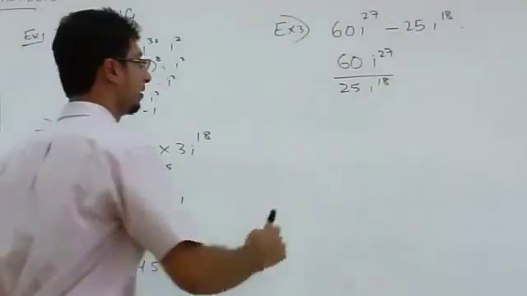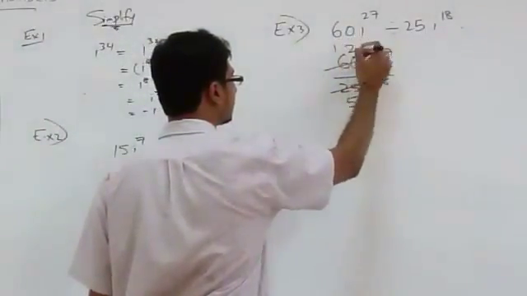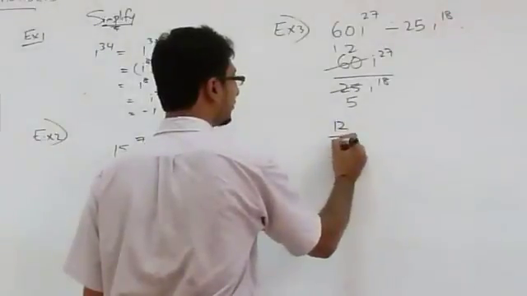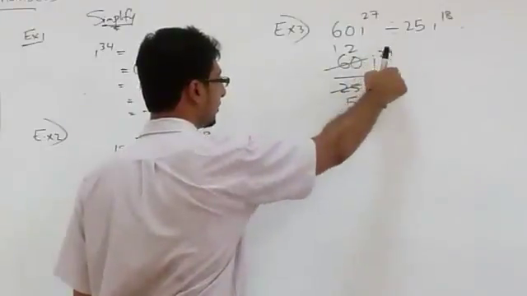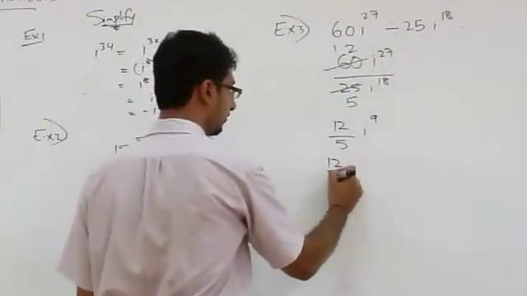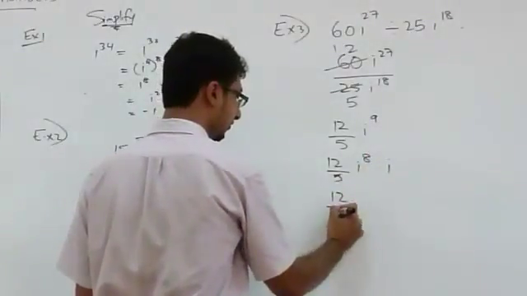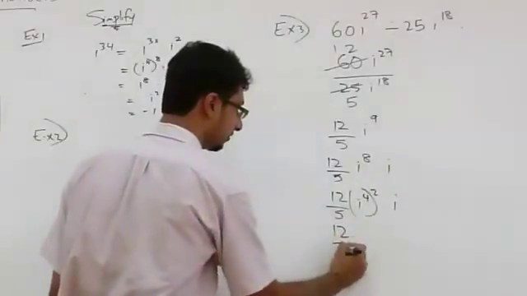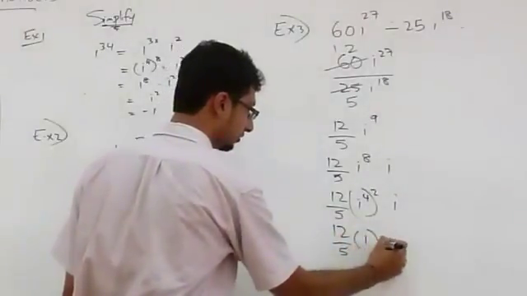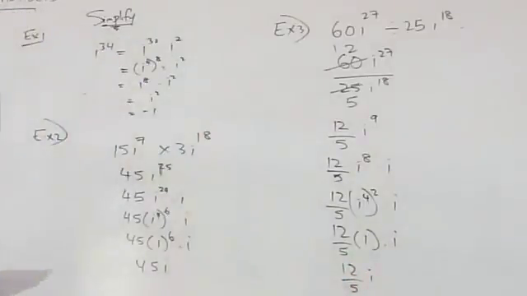Okay, can divide by 5. 12 over 5, i to the power 9, because 27 minus 18. 12 over 5, i⁸ times i. 12 over 5, (i⁴)² times i. 12 over 5 times 1 times i, simply 12 over 5 i. Okay, easy?